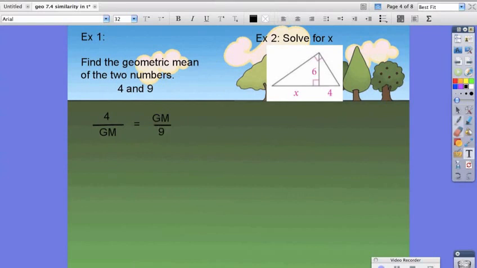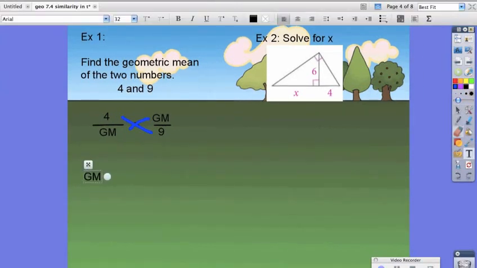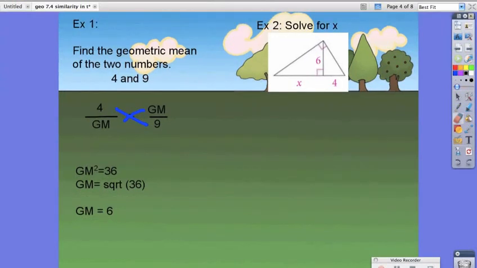So now when we take the cross product of these things, we're left with gm squared equals 36. Then gm is equal to the square root of 36. So we know that our geometric mean is equal to 6. So that should be a fairly basic problem.